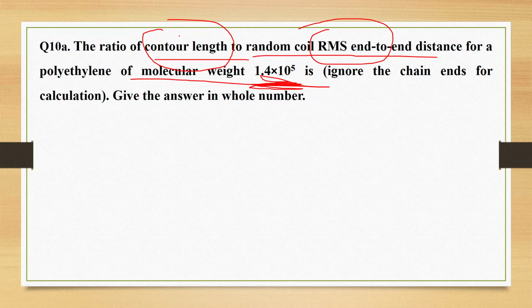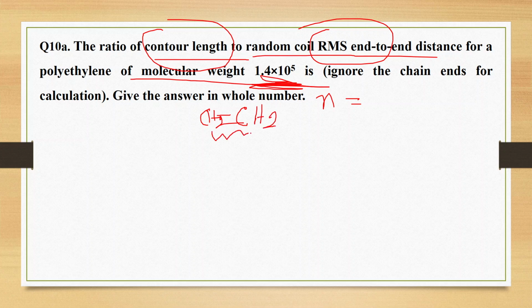So you already know what the contour length is, right? What is the formula for contour length and what is the formula for RMS end-to-end distance? If you know those two, you just have to calculate the value for n, the number of segments, and as it is polyethylene, there is CH2 involved.